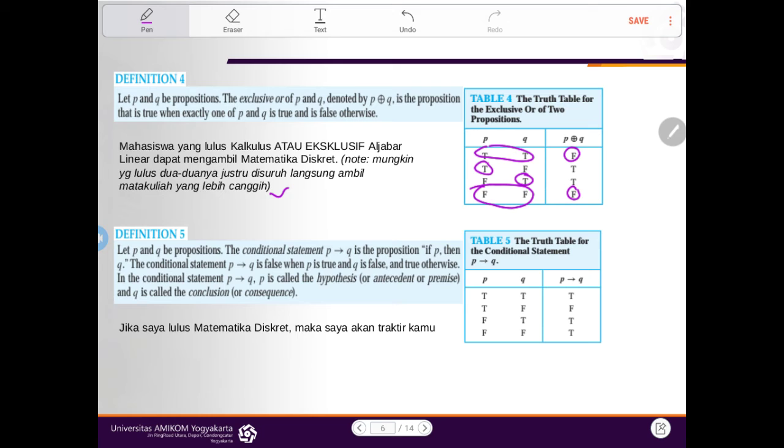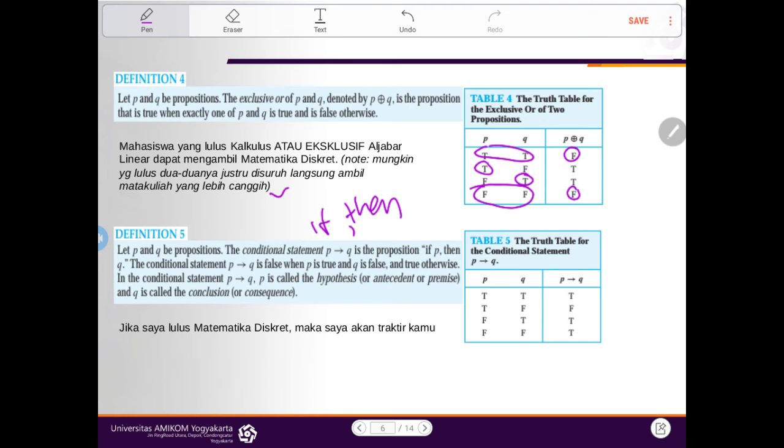Next is the conditional statement, if then. This is the if then statement. If P then Q proposition. For example, if P is true and Q is true, then if P then Q is true.